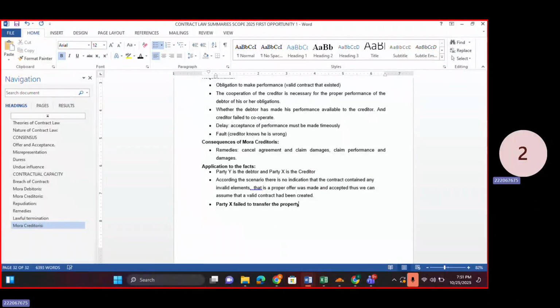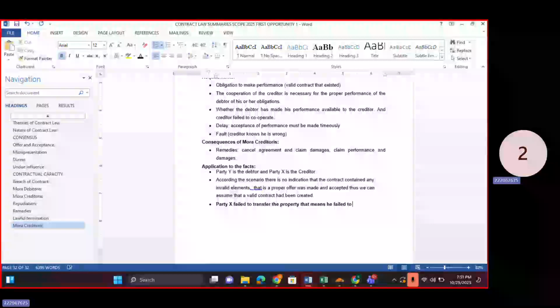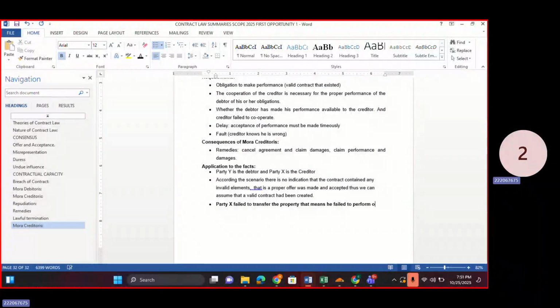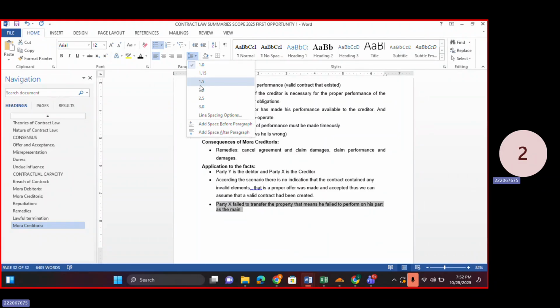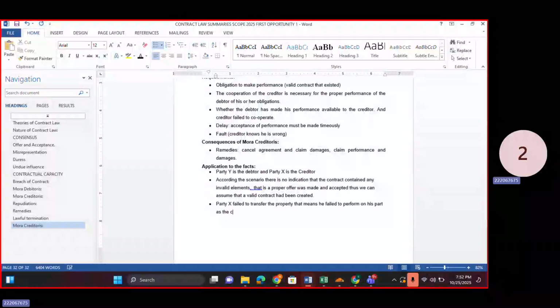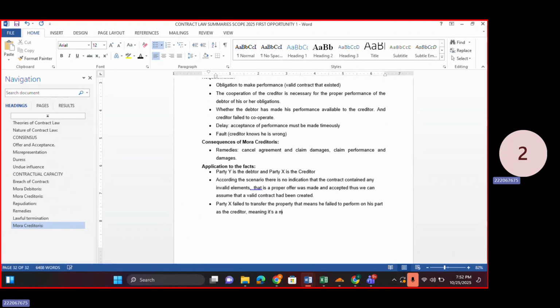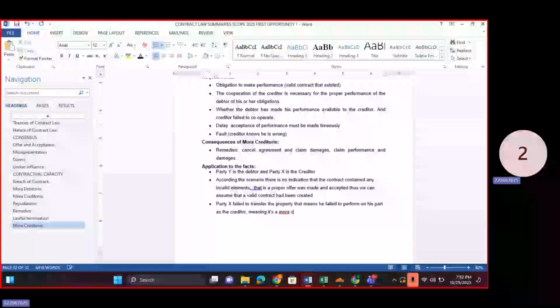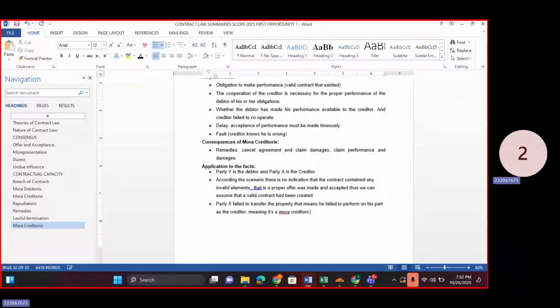And remember, that means he failed to perform on his part as the creditor, meaning it's a mora creditoris issue.